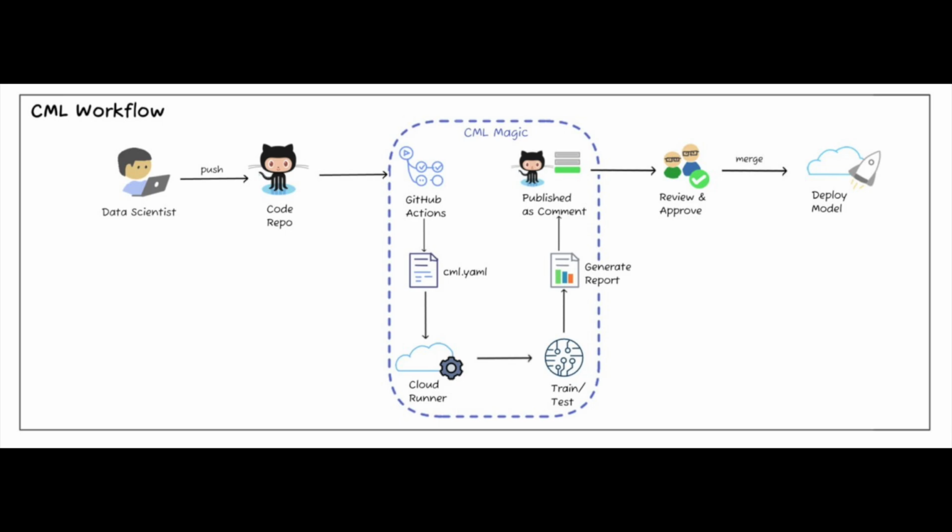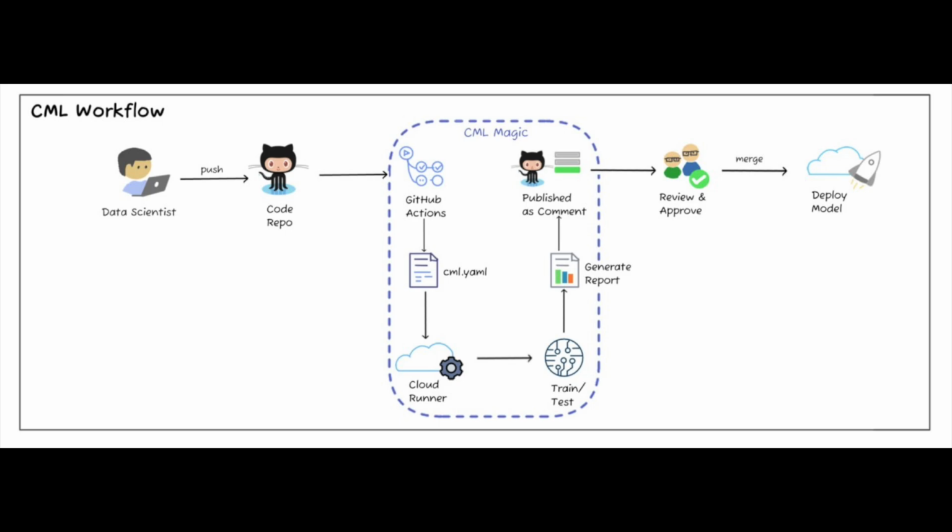Now, what is CML? Continuous Machine Learning takes the principles of continuous integration and applies them to machine learning projects. It allows data scientists to track and manage their experiments seamlessly while integrating with version control systems like GitHub. So with CML, you can automate the entire lifecycle of machine learning workflows from data pre-processing and model training to evaluation and reporting.